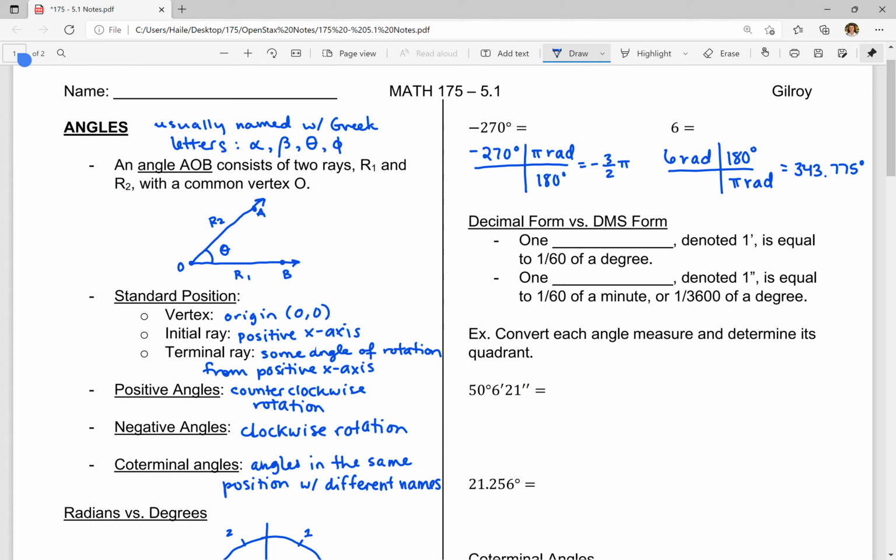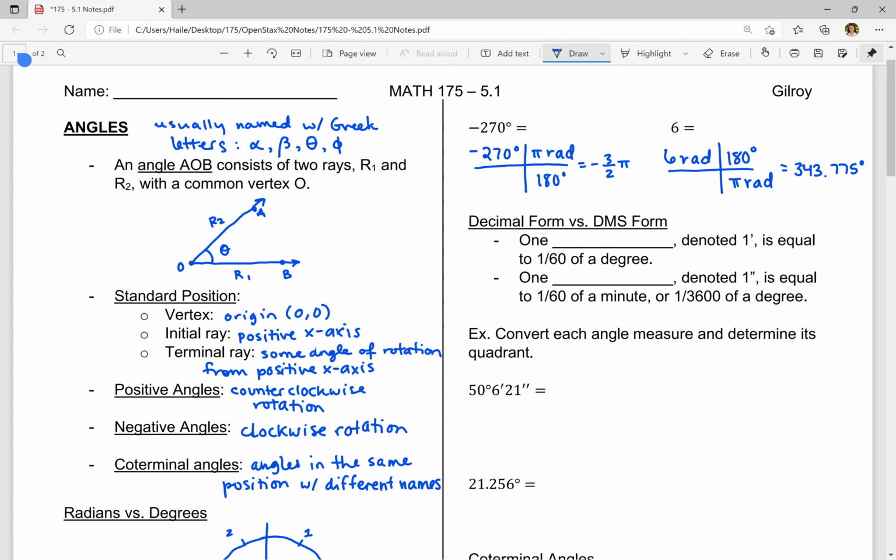Okay. So there's one other form of an angle that we sometimes use. So this is like a special form of degrees. So when we talk about decimal form versus DMS form, we're only talking about angles that are in degrees. Okay. So DMS is short for degrees, minutes, seconds.